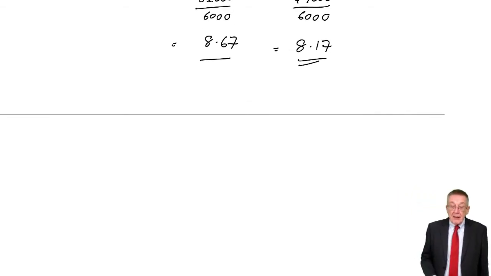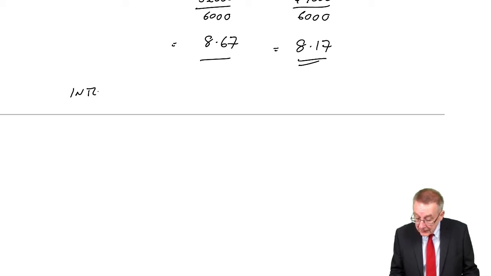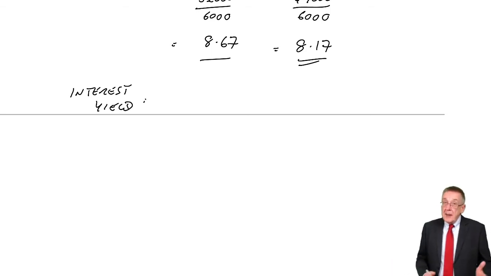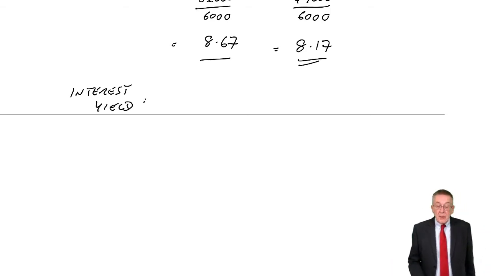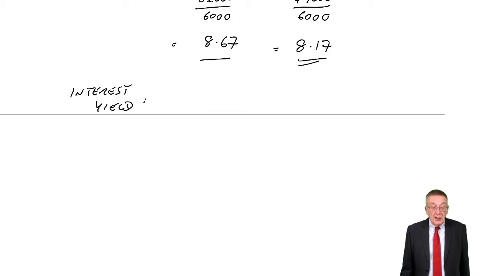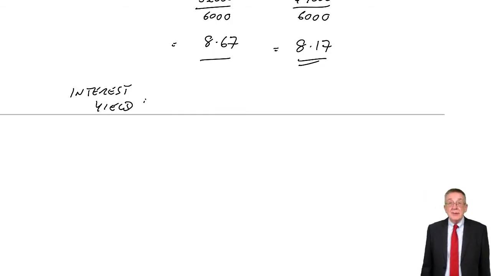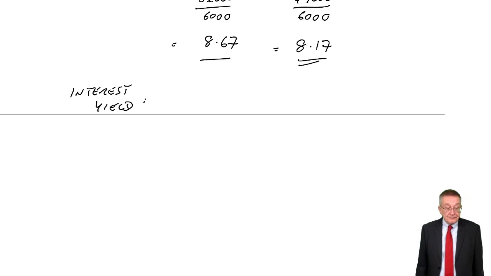Another figure debt lenders will be interested in is interest yield. And I did mention this in a previous chapter, so I shouldn't need to go on here. But you see, the coupon rate on the debentures, on the debt, is 6% from the statement of financial position.